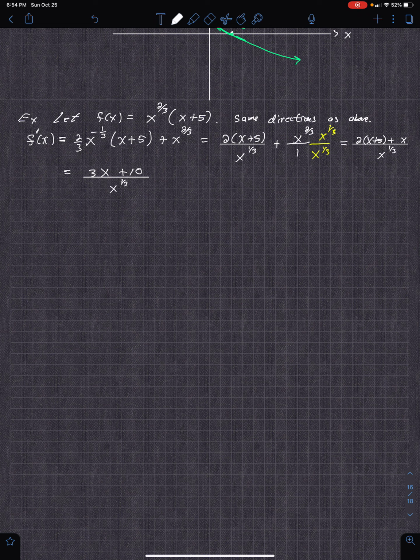And that's not much more difficult to do, but if you distribute this thing, then you've got to combine it later, which can be a little more difficult sometimes. So you can simplify that.